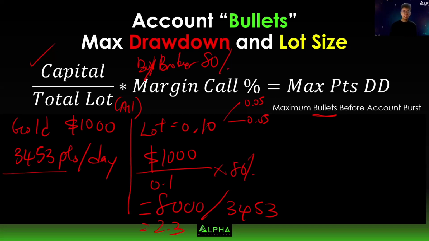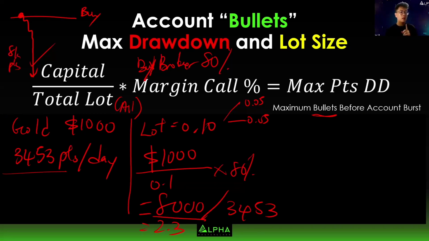So this means that if today you trade gold and, touch wood, you buy, boom, it crashes. What will happen to your account? When you make a buy trade and the price comes all the way down, it just needs to come down 8,000 points.